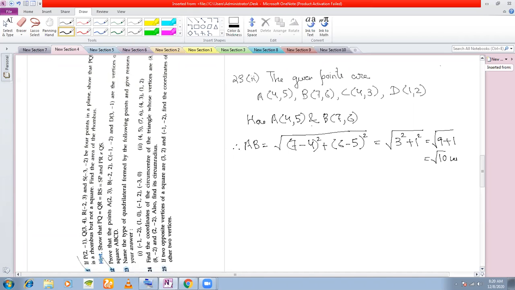Root 10. The first distance that we have got is root 10 units. It is a pure surd, so keep it as a pure surd. Root 10 cannot be converted to a mixed surd. So here CB, B is (7,6) and C is (4,3).